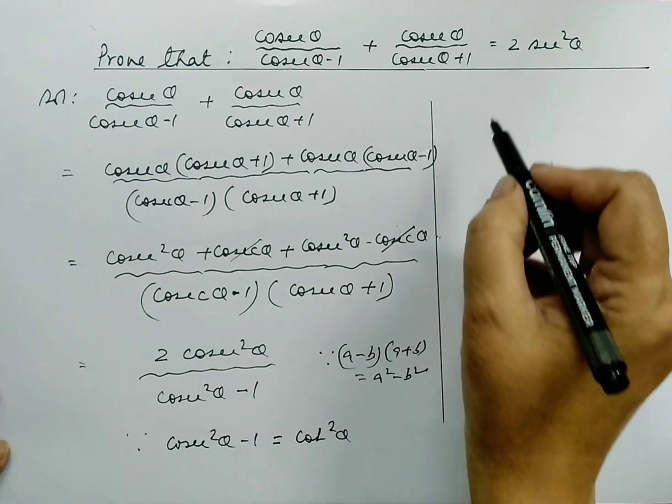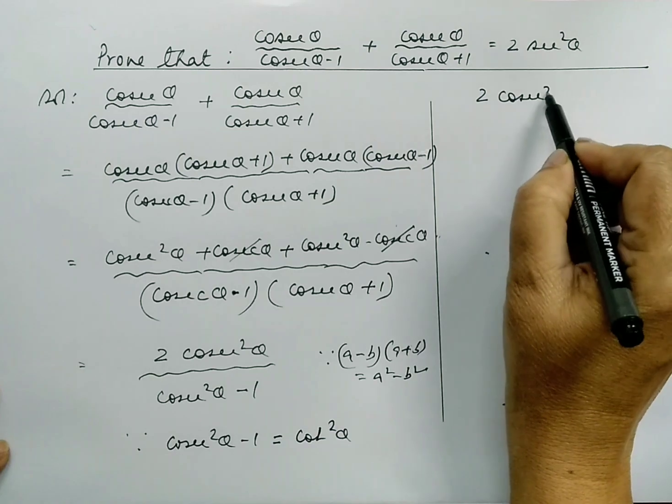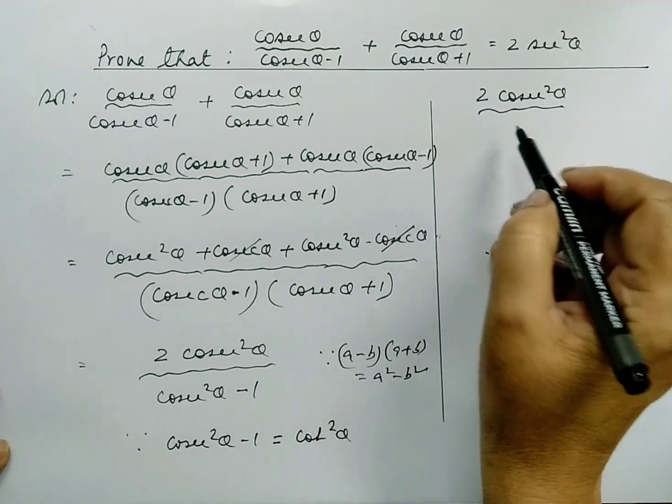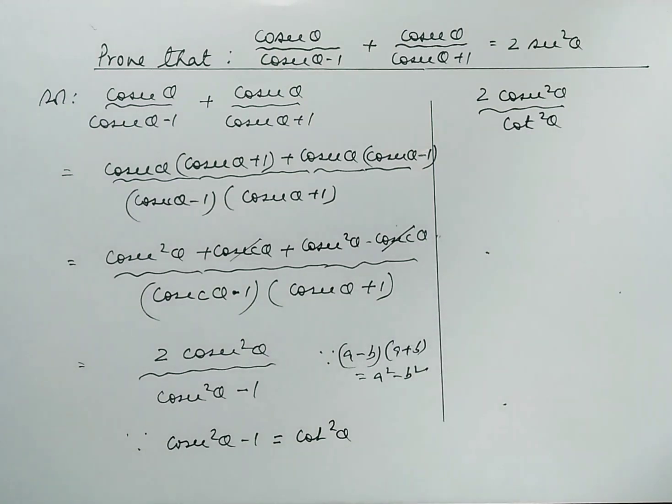So can we not write 2 cosec square theta over cot square theta? You get it?